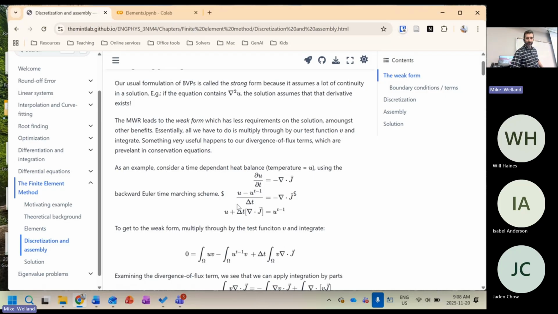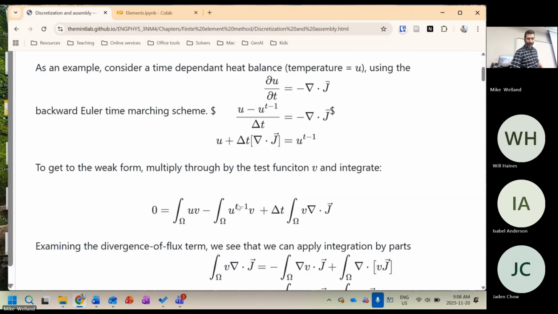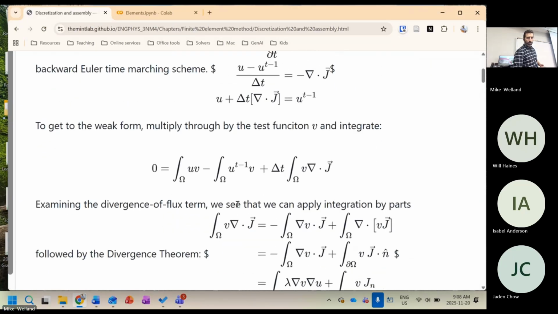We rearrange that and we get something that looks like that. So we've got t minus t naught over delta t is equal to, bring that to the other side.